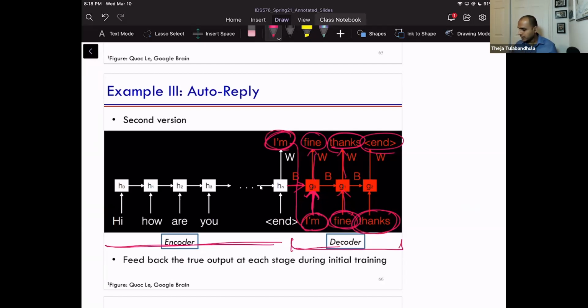The words that you care about as a translation, or in this case, reply, those need to be passed as input. And at that stage, these RNN blocks together are called the decoder. Okay? And they may have their own parameters. The encoder will have its own parameters. The decoder can have its own parameters. Any questions here?